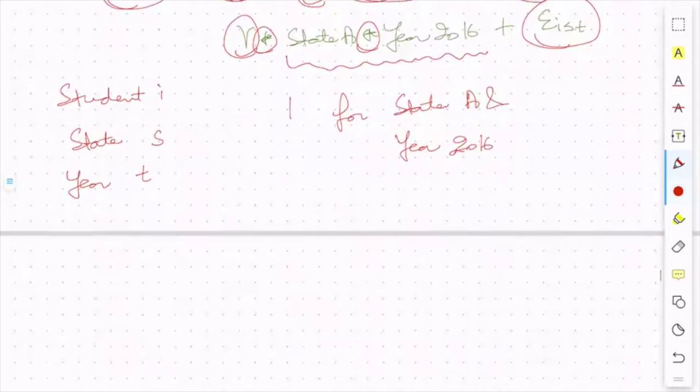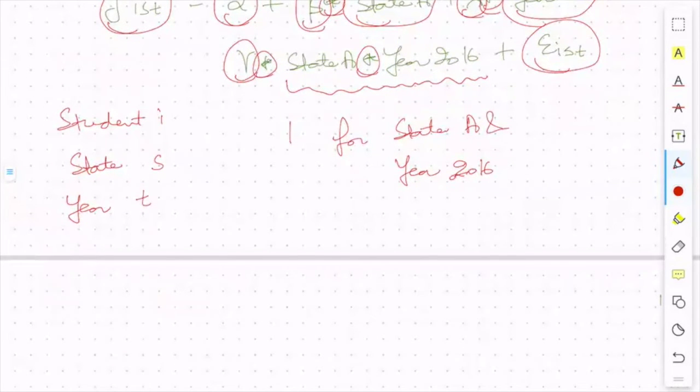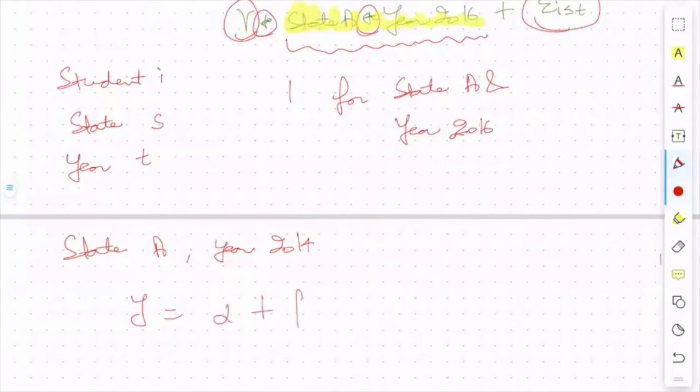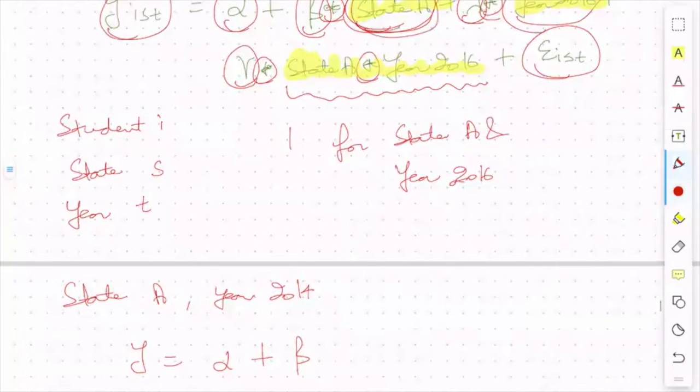So let us see what will be the outcome variable for state A in the year 2014. In this case, state A means that this variable will take value 1, and year 2014 means that this variable will take value 0, and similarly this interaction term will also take the value 0. So for state A year 2014, our y will be alpha plus beta, because state A is equal to 1.